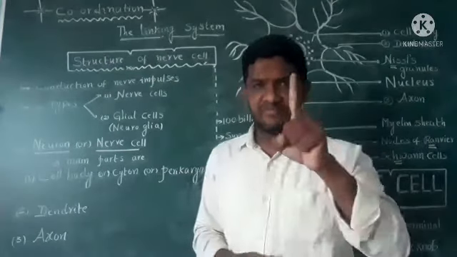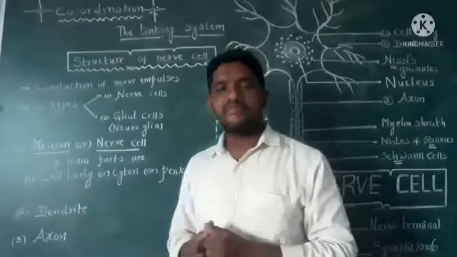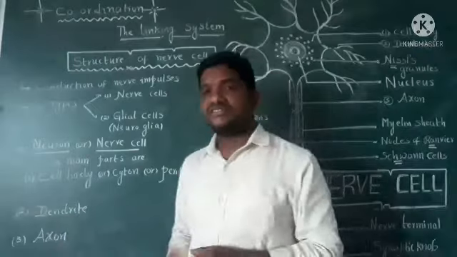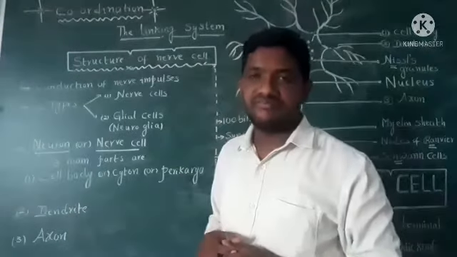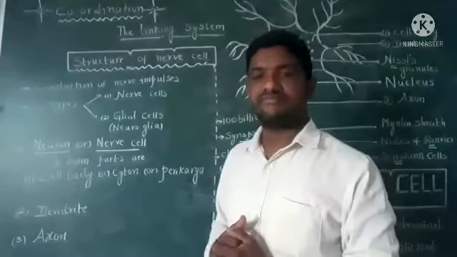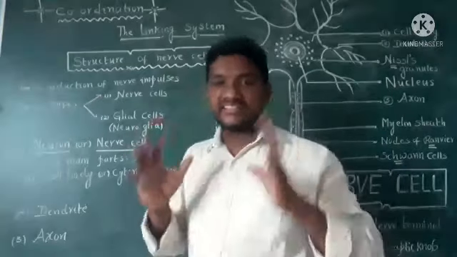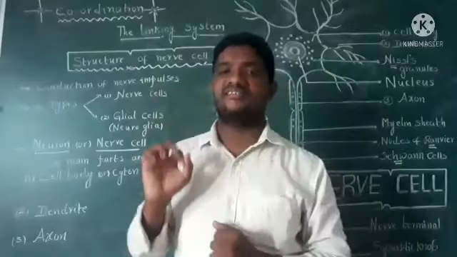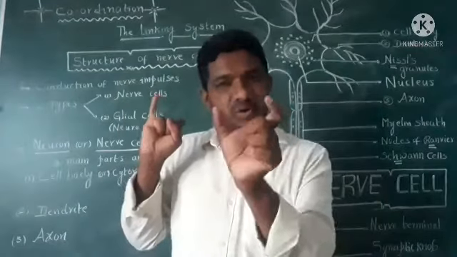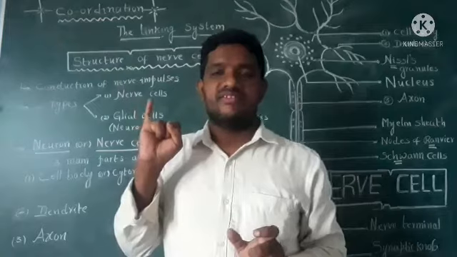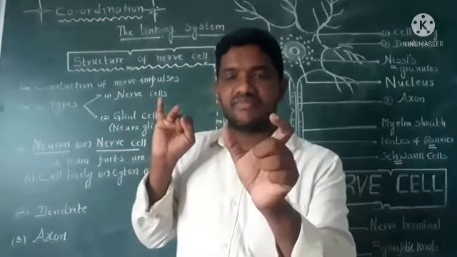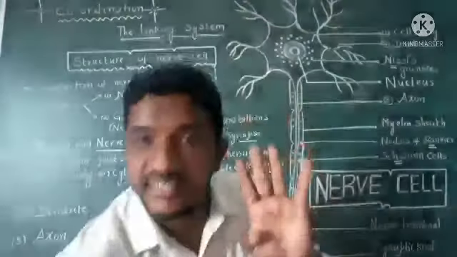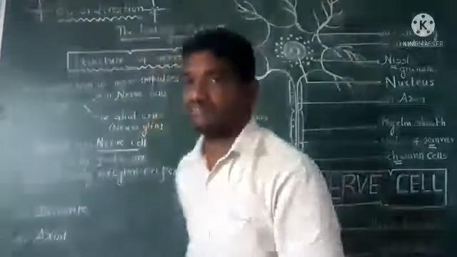Second one is dendrites. Third one is axon. What are the three main parts in the nerve cell? First is the cell body, second is dendrites, third is axon.